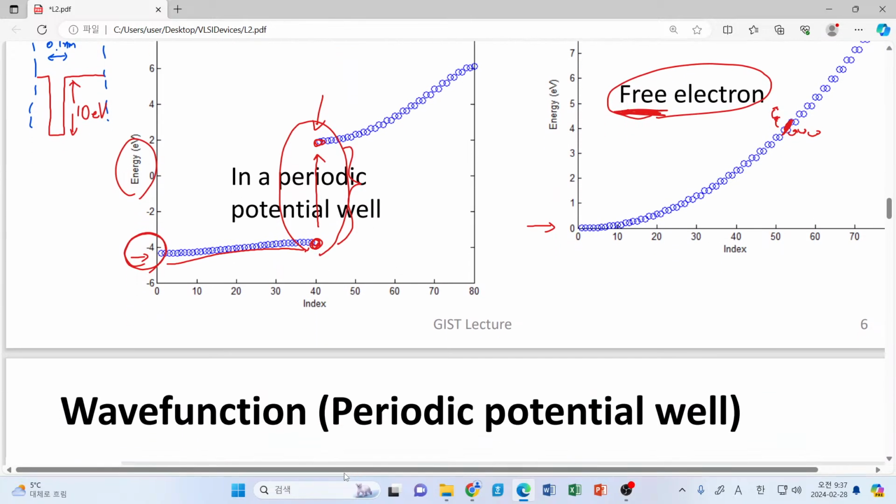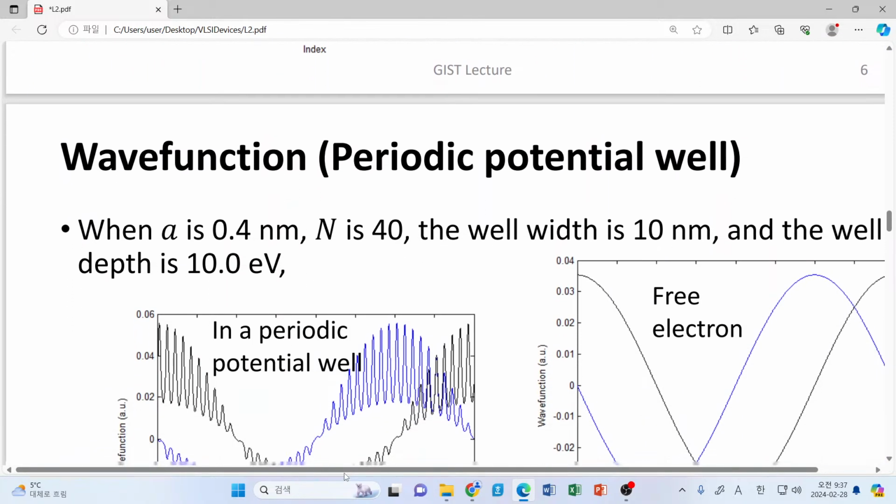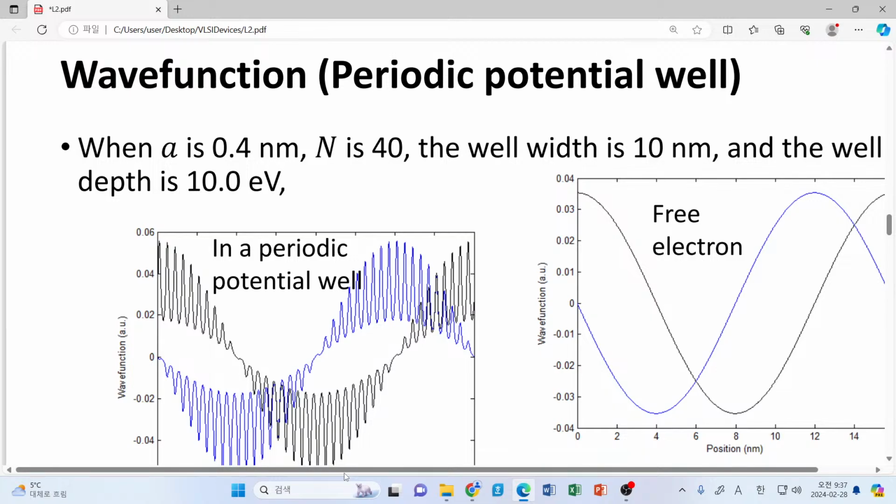Okay. Then let's go to the further observation about the wave function.